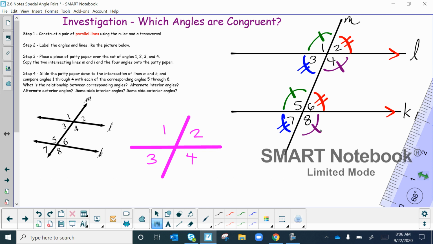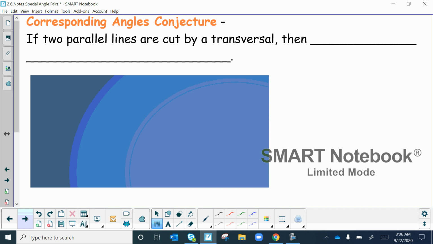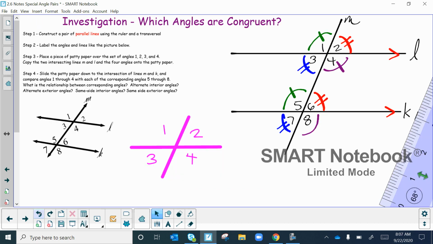So now this is the same number of angles as all the special angle pairs that we just talked about. Now we're going to tie those special angle pairs together with these congruent angles. The first one: how did the corresponding angles turn out in this situation? If I go back, the corresponding angles were 1 and 5, 3 and 7, 2 and 6, 4 and 8. Those were all the ones that I color coordinated.